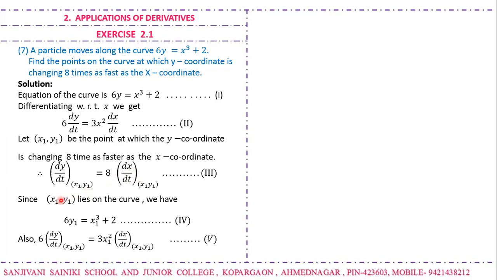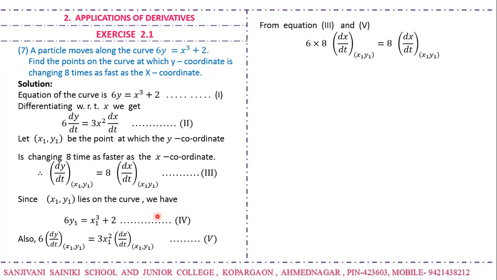Now this (x1, y1) lies on the given curve, so it satisfies the equation of the curve. So 6y1 is equal to x1 cube plus 2. Also we will put the same point in the derivative equation: 6 dy by dt at (x1, y1) is equal to 3x1 square dx by dt at (x1, y1).